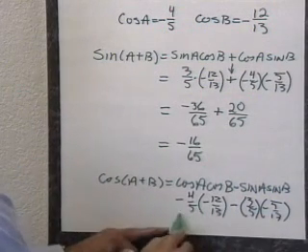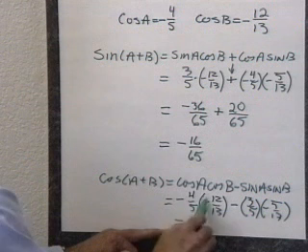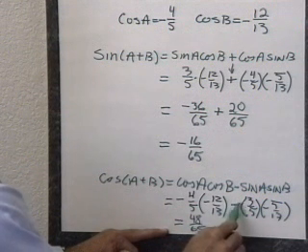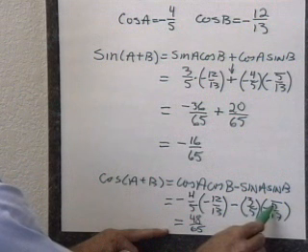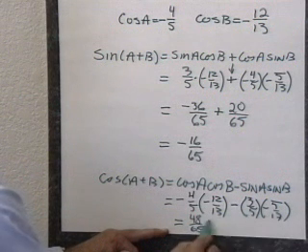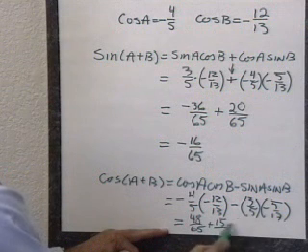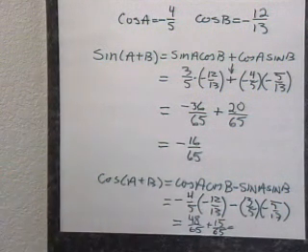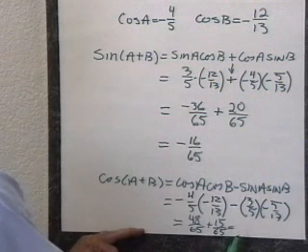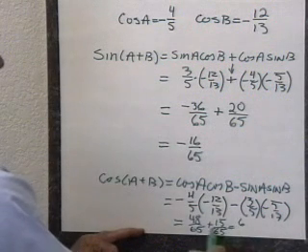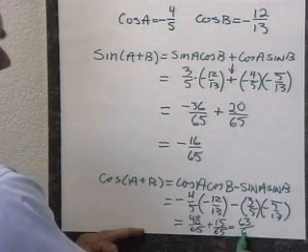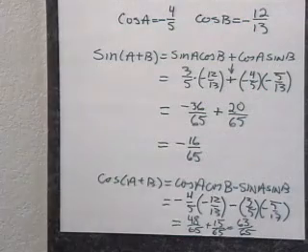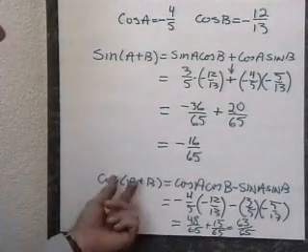Now if I multiply this out, I'm going to end up with positive 48 over 65, minus 3 times negative 5 is negative 15, so I have minus a negative 15, which is plus 15, all divided by 65. And so I end up with a positive 63 over 65, and that is what the cosine of A plus B is.